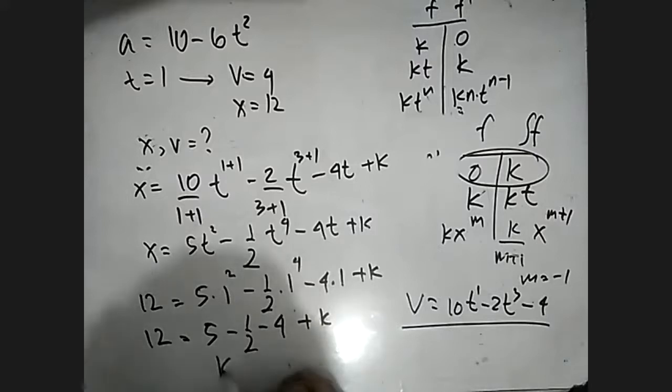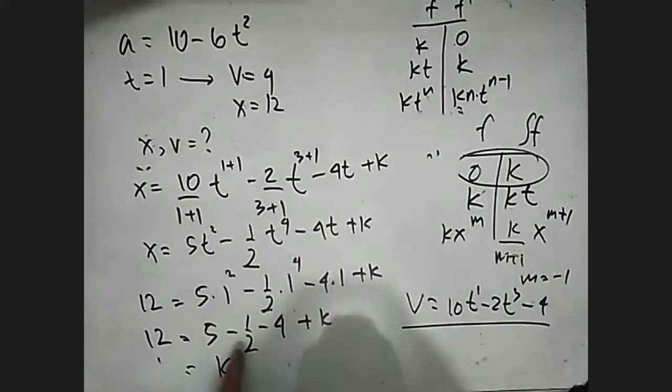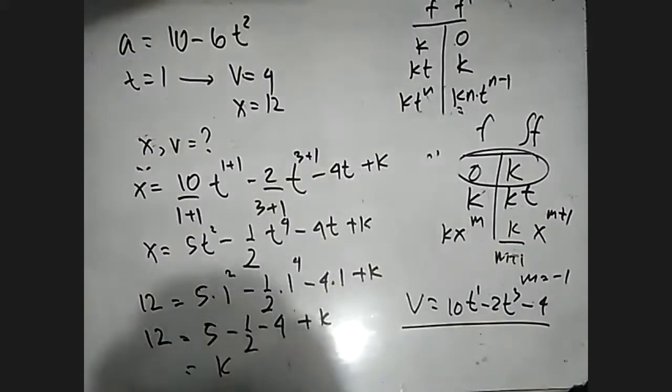Okay, so k is going to be, I hope you can find them yourself. That's going to be 11 and a half. Oh, no, no, not 11 and a half, my bad. Last adjustment. This is going to be 5 minus half, right? Half plus k is going to be 12 and a half.